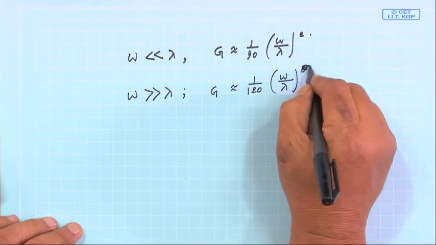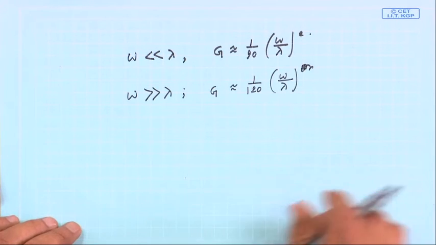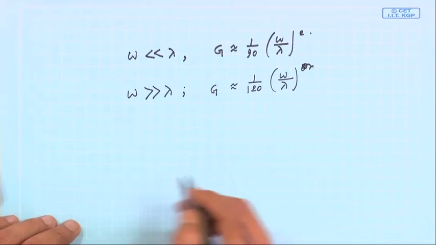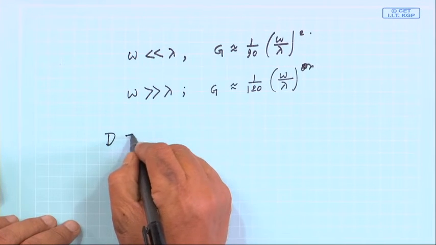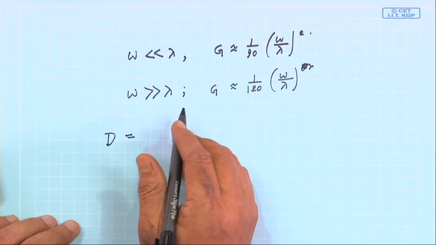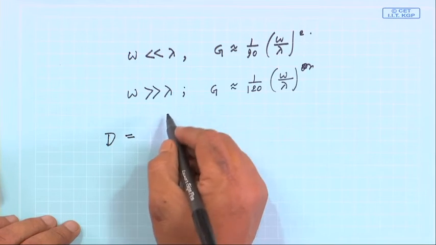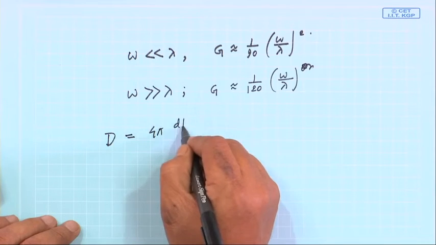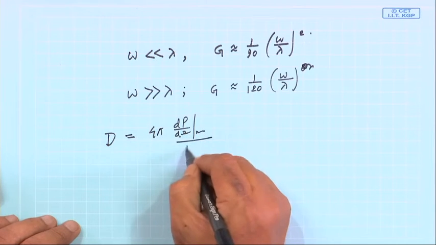Oh no, this time not square, this is thing. Also, people have found out what the reactive part is by a more advanced method. And directivity, what is directivity? Directivity of each slot comes out to be 4 pi into dP/d omega max by P_R.